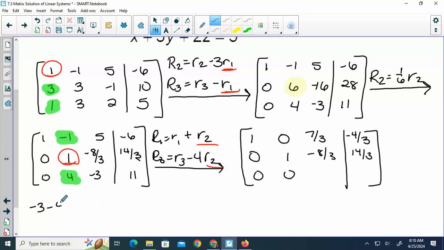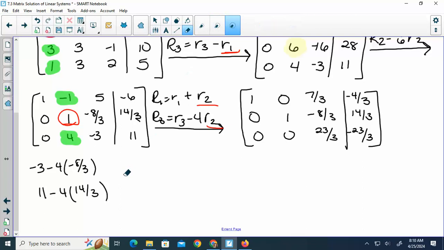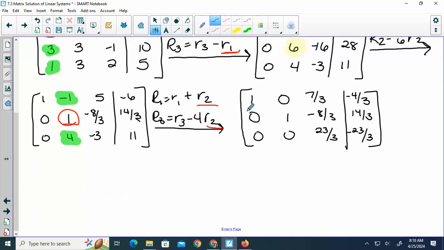Negative 3 minus 4 times negative 8/3. 11 minus 4 times 14/3. Okay. Column 2 is done.